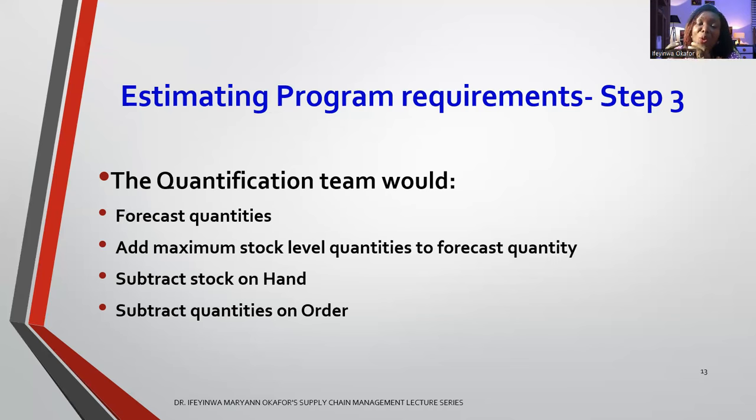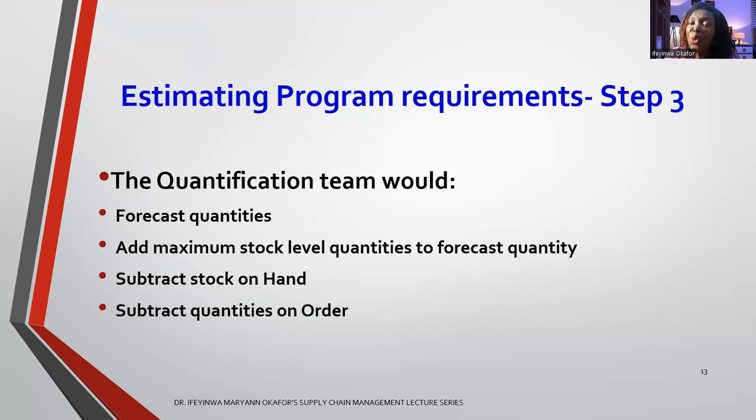Our quantification team will get this forecasted quantity. And then remember, one of the things we do when we are doing the supply planning process is to gather our data. We said it earlier. You gather data from the logistic management information system, such data like maximum stock level, stock on hand, quantity on order, and all that.